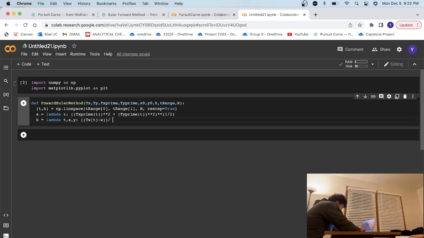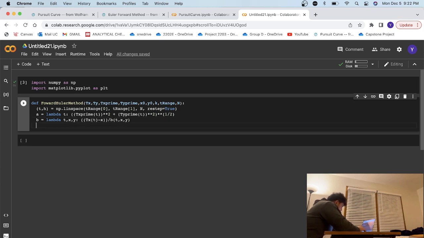Divided by b(t, x, y). And we're going to be having c, which is going to be f, the derivative of the pursuer's speed in the x direction.